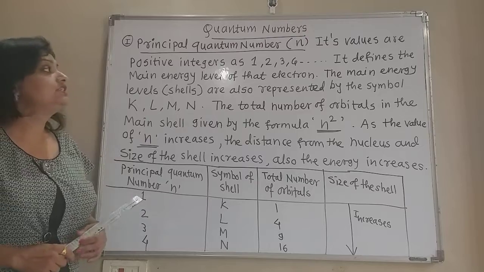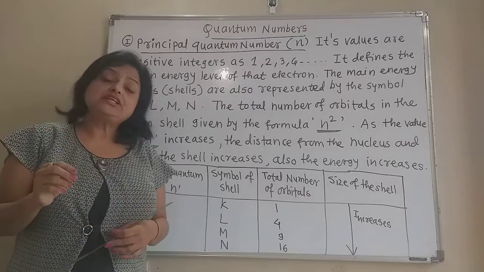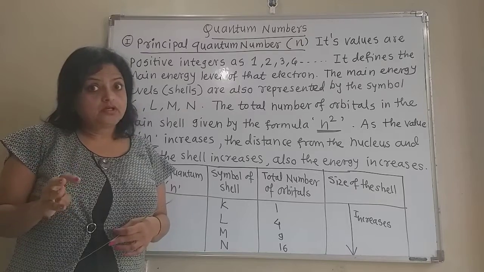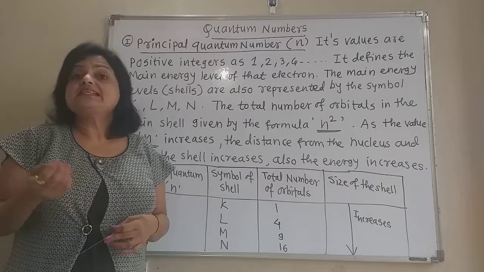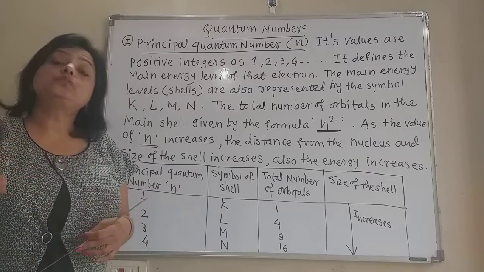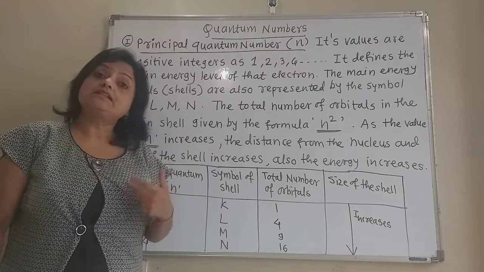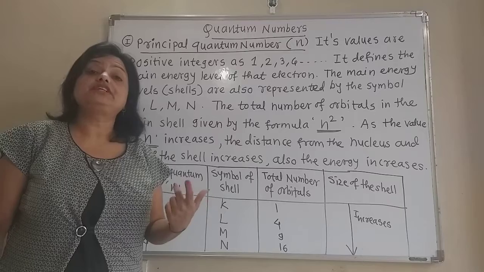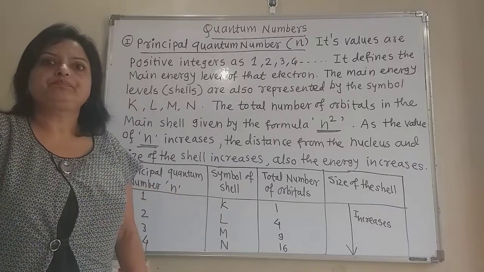In this way, the principal quantum number tells us the main energy level of the electron, the distance of the electron from the nucleus, the energy of the electron and the size of the atom, and how many subshells or orbitals are present in that main energy level.